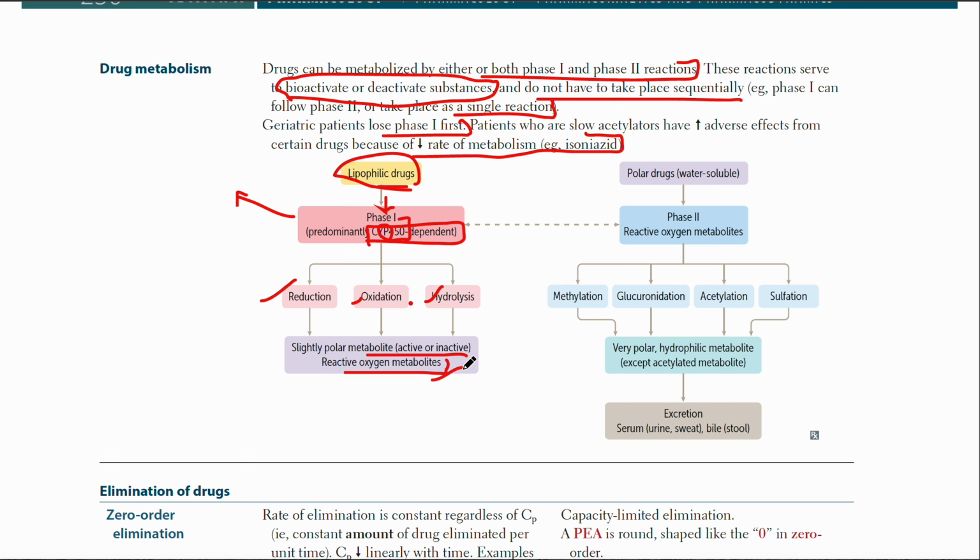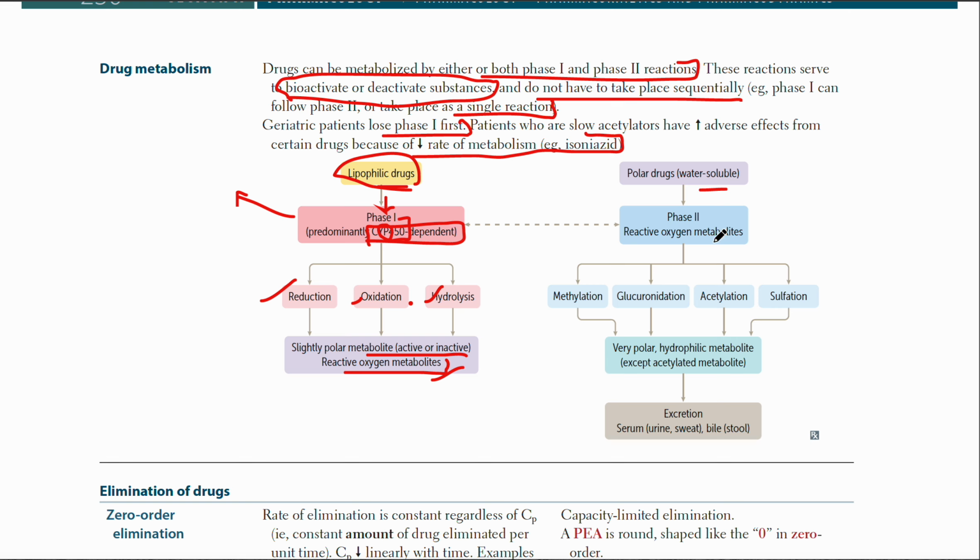And polar drugs, that is water soluble drugs, will go to phase 2 reactions. Phase 1 reactions can convert into phase 2 reactions, and phase 2 reactions can convert into phase 1 reactions. It is a common misconception that they happen sequentially. That is not the concept.